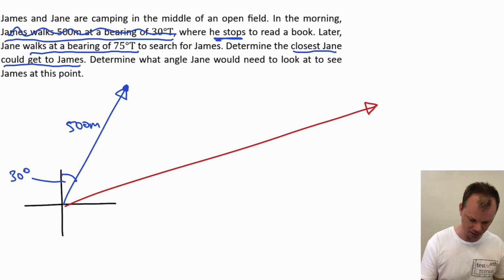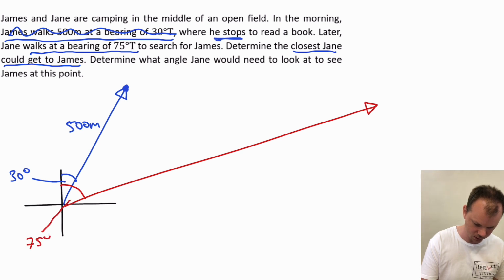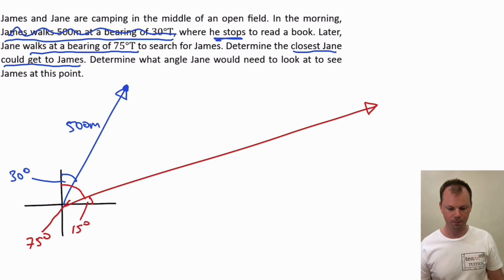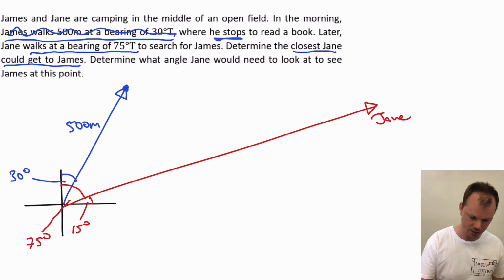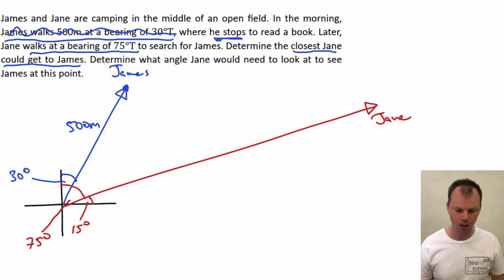And we know that's a 75-degree angle from here. So that angle is 75 degrees, the big one, which means that this small angle down here is 15 degrees. Okay, so this is Jane's walking path, and this is James's walking path up here until he stops.